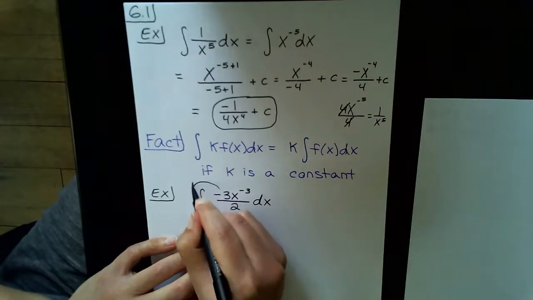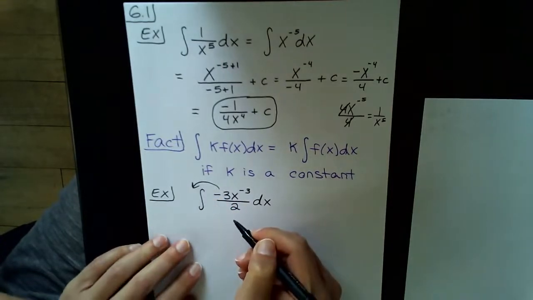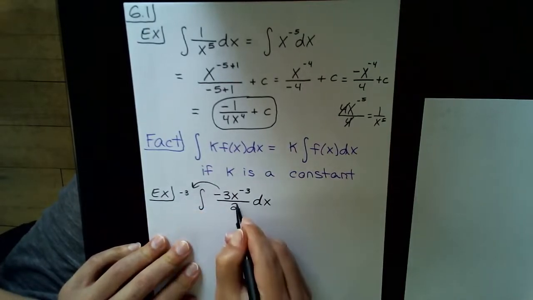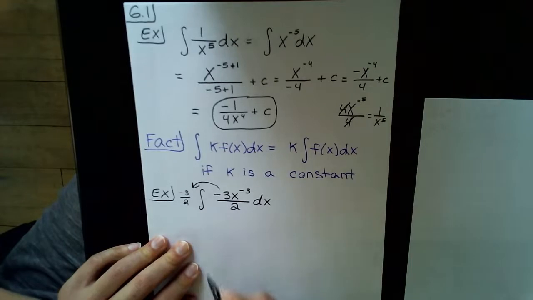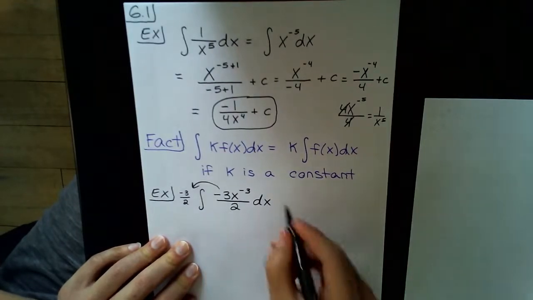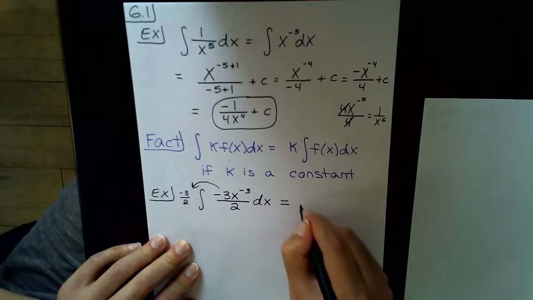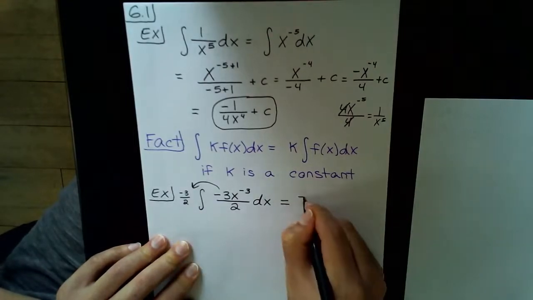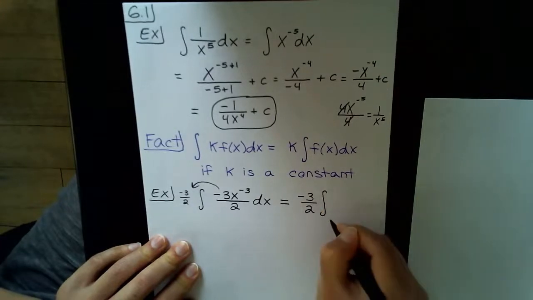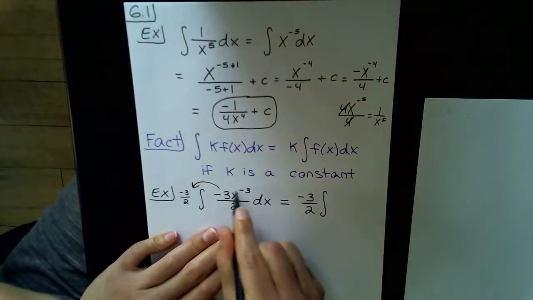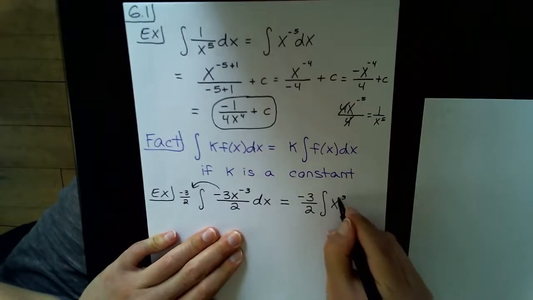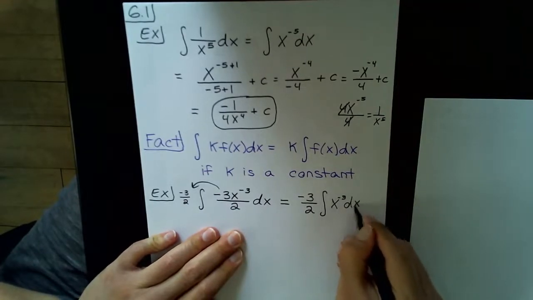So when we pull out the constant, we have to pull out the negative 3 and the division by 2. So when we rewrite this problem, we end up with negative 3 over 2 times the integral of all that's going to be left in here, x to the negative third dx.